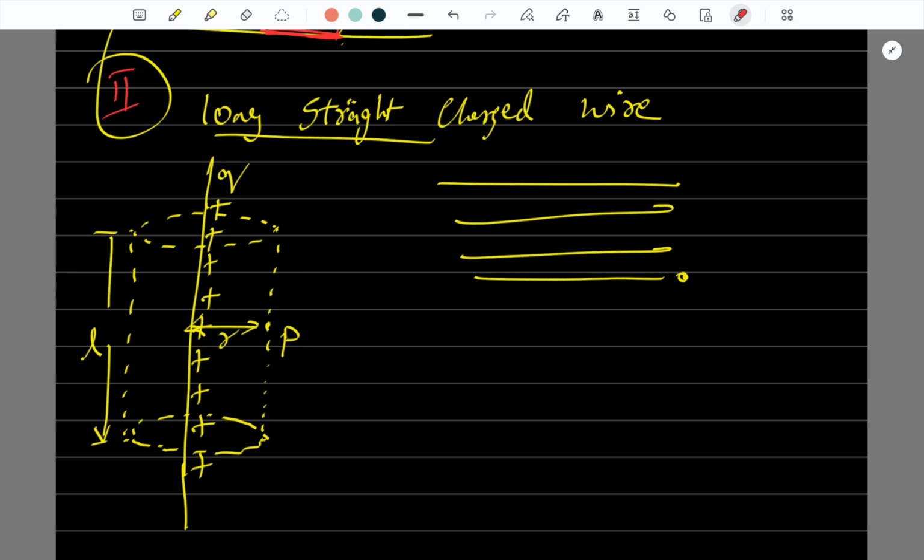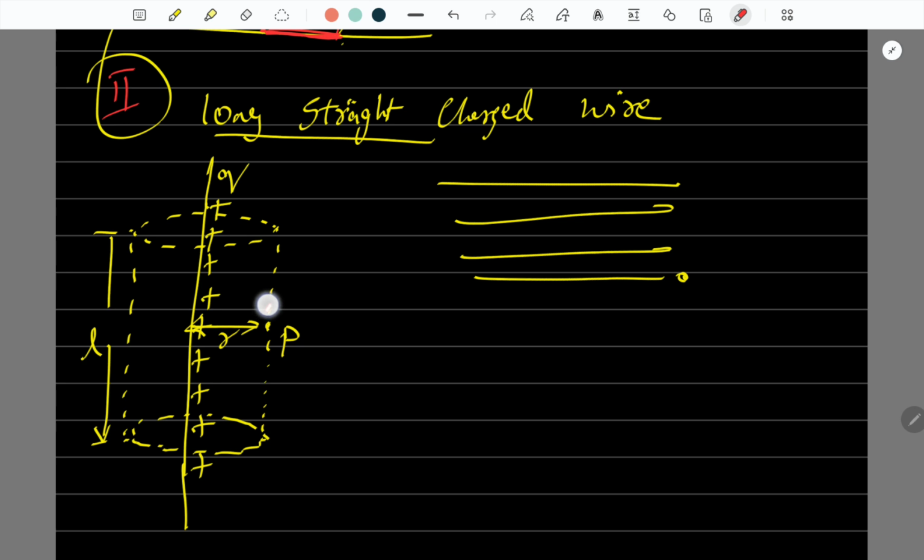This will be your initial explanation of the diagram. After these two lines, you will say, consider a Gaussian surface in the form of a cylinder of length L and radius small r placed on the long straight wire. This will finish the Gaussian surface. So this much is done.